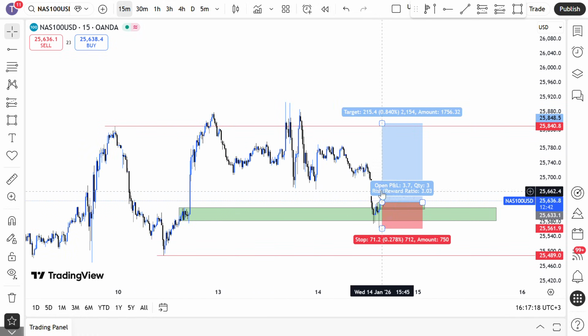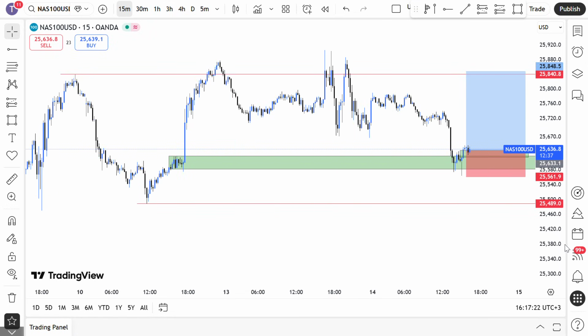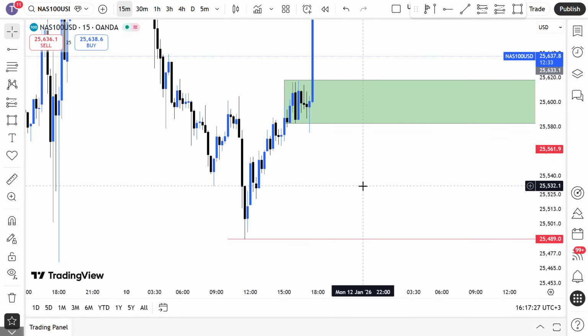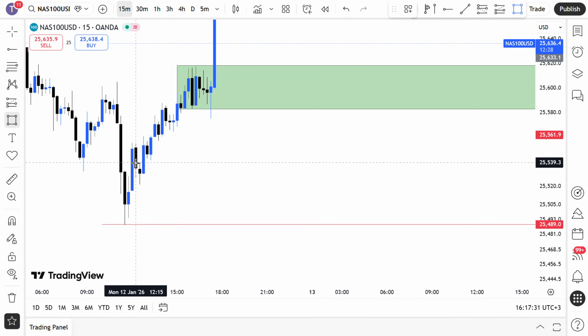But in case we see the price moving even lower, I'll expect the price to react from this 15 minutes time frame order block that was not mitigated. We have this order block here.